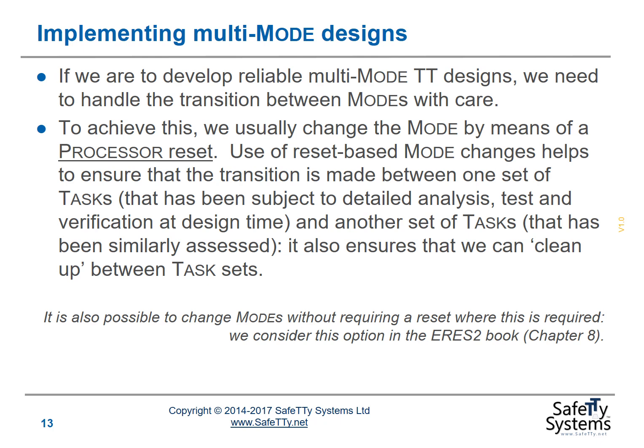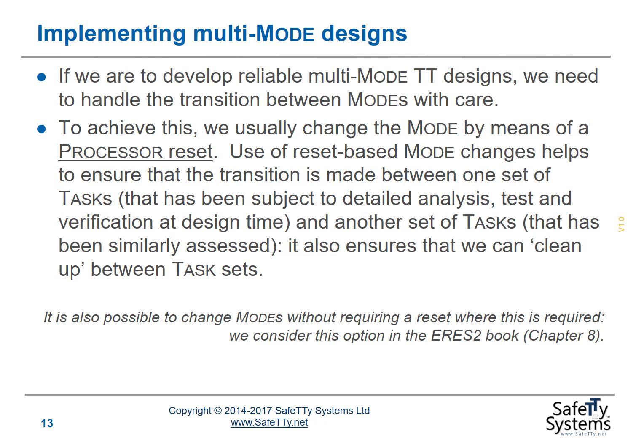Use of a reset-based mode change helps to ensure that the transition is made between one set of tasks that has been subject to detailed analysis, test and verification at design time, and another set of tasks that has been similarly checked at design time. It also ensures that we can clean up between the task sets.